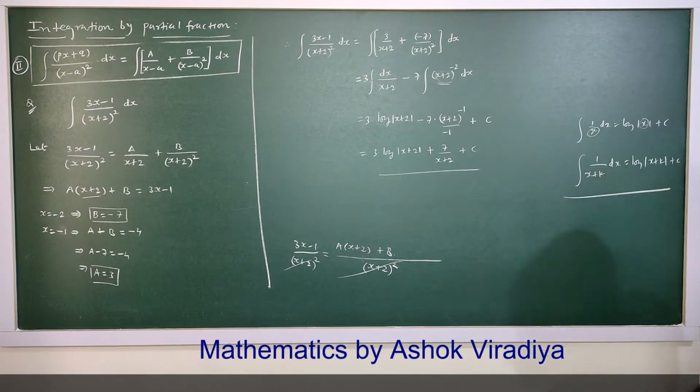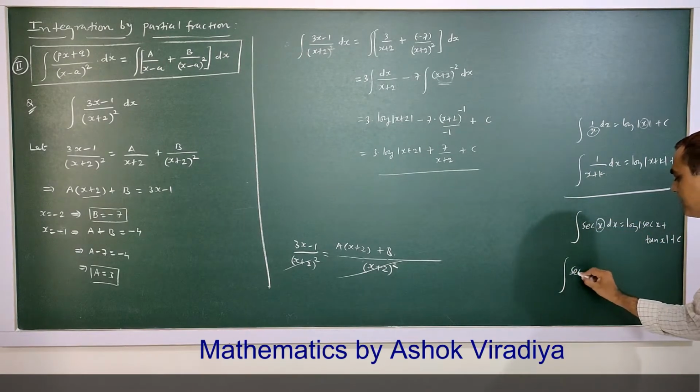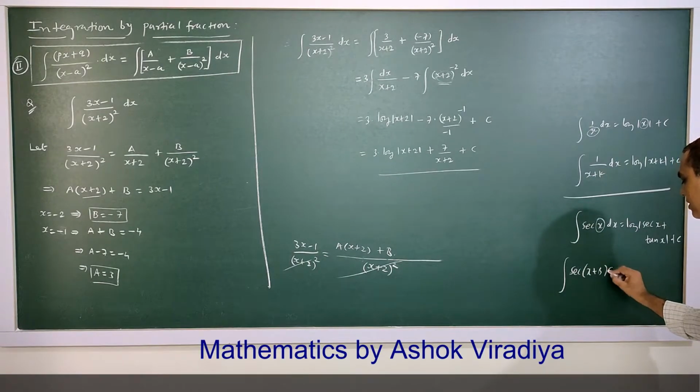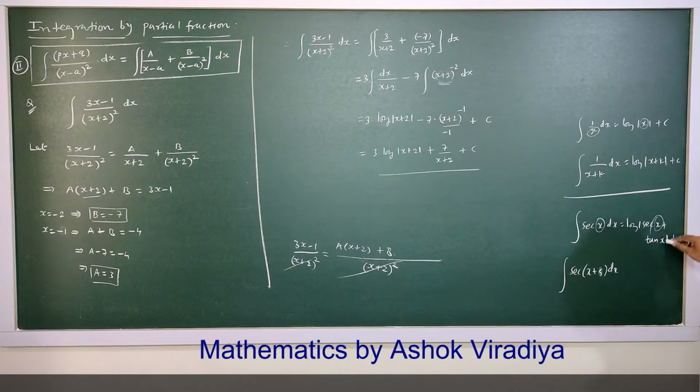Second example, we know that the integral of sec x is log modulus sec x plus tan x. Now in place of x, if I keep x plus k, any number, suppose 5, then put x plus 5 here. So log of modulus sec of x plus 5 plus tan of x plus 5, plus c.